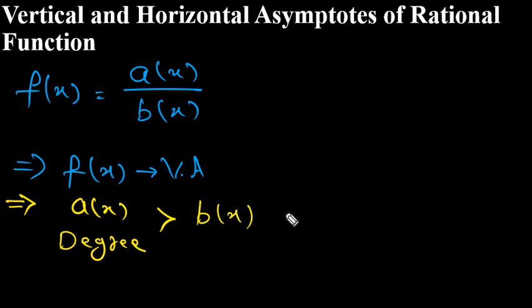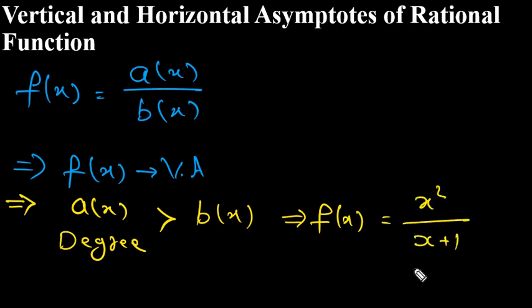What do I mean? If your function looks like, for example, f of x is equal to x square over x plus 1, here this degree is more than the degree of b of x, then there will be no horizontal asymptote.